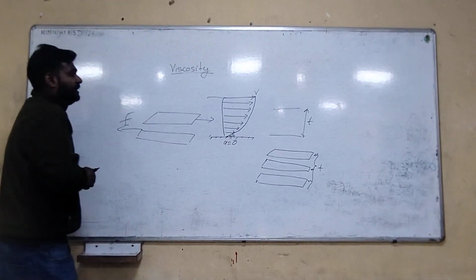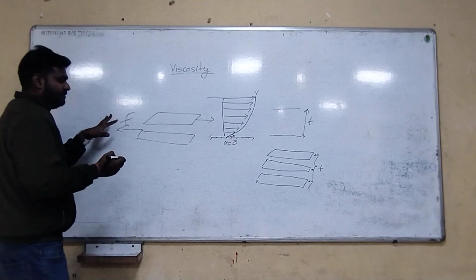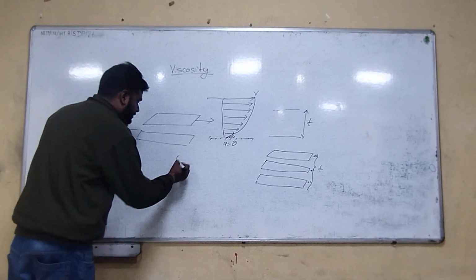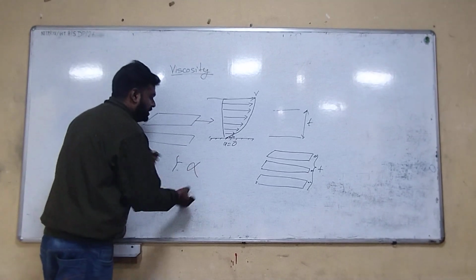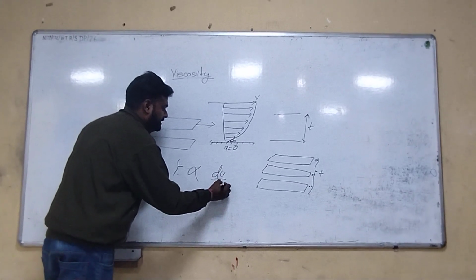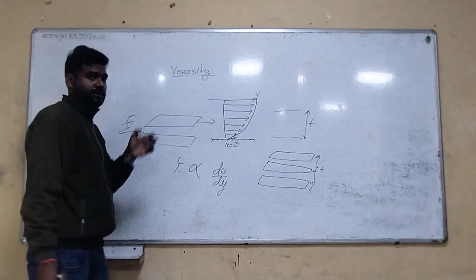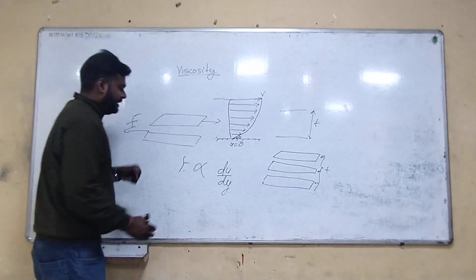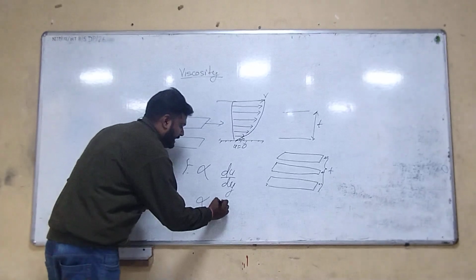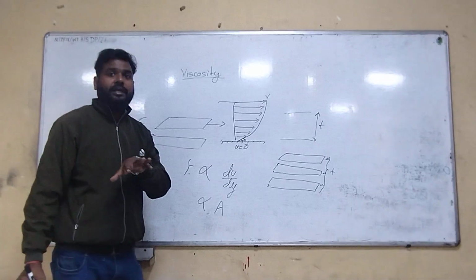What is viscosity? First of all, we should know that the frictional force is directly proportional to the rate of change of velocity with respect to distance or depth, and the frictional force is also directly proportional to the contact area between the two layers.